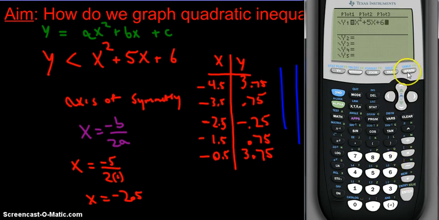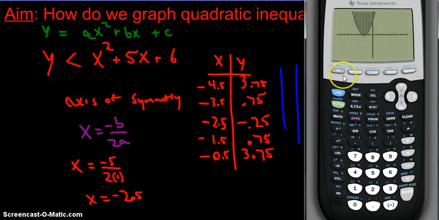I just want to see what this parabola looks like. It looks approximately like the one in the graph. If we change this to this setting, this is shade above, so this is y is greater than the parabola.